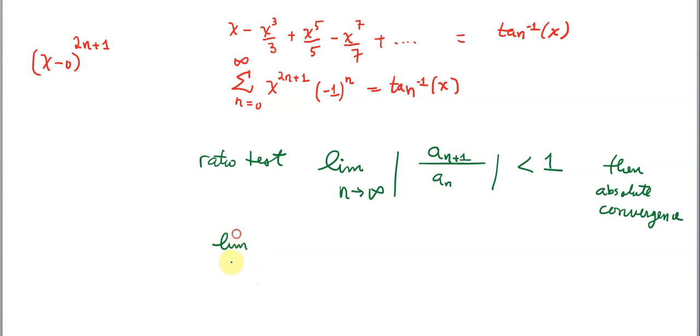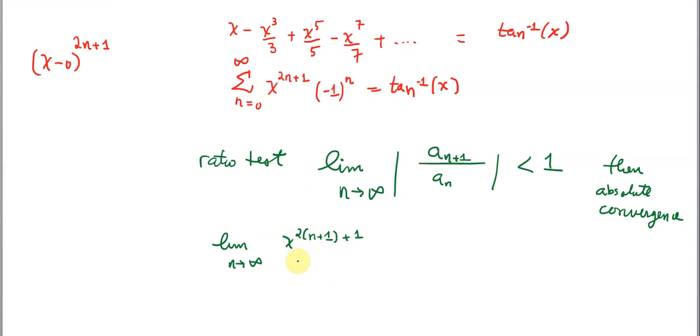This is the limit as n approaches infinity. The a sub n plus 1 term here would be x to the 2n plus 2, because we're substituting n plus 1 into here. And actually, I don't want to skip over that step too quickly. So this is 2n plus 1 plus 1.